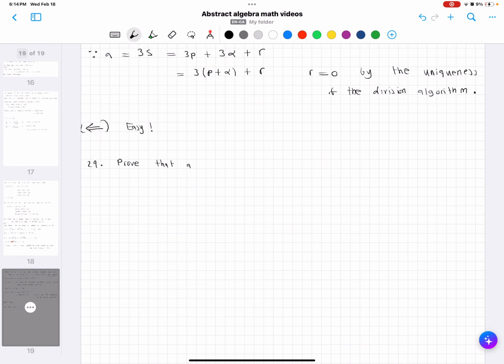Prove that a positive integer is divisible by 9 if and only if the sum of its digits is divisible by 9.